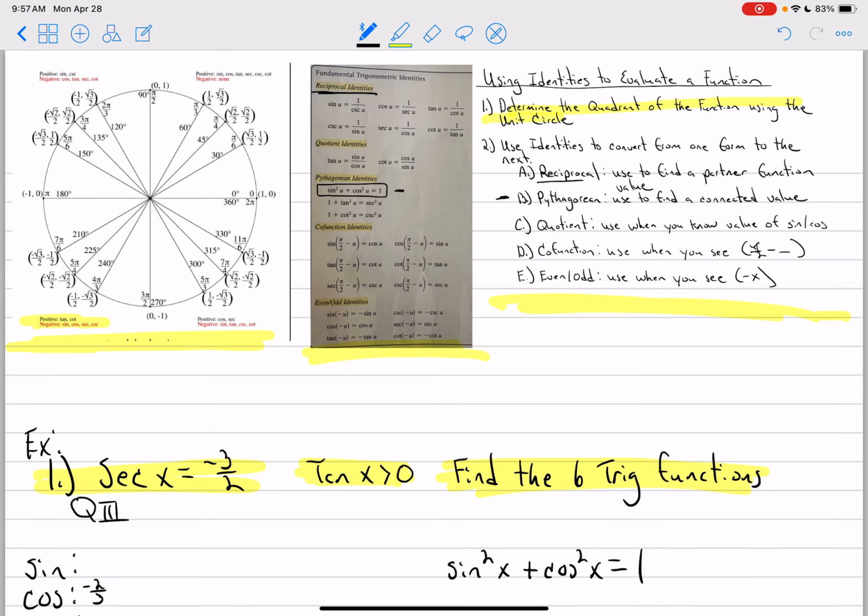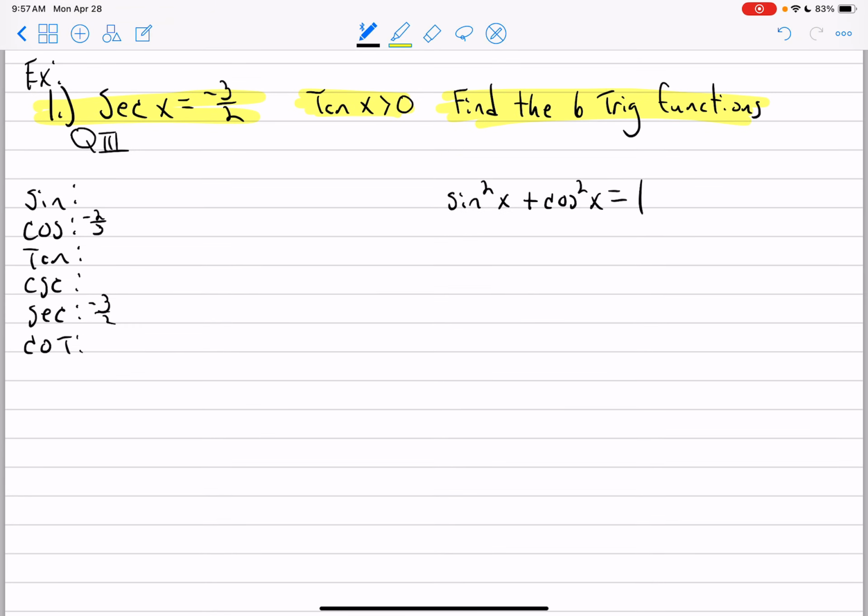Is that correct? Yep. Okay, so I know that the sine squared of x plus, I already know that the cosine is negative 2/3, so I'm going to take negative 2/3 squared, and that should equal 1, right?